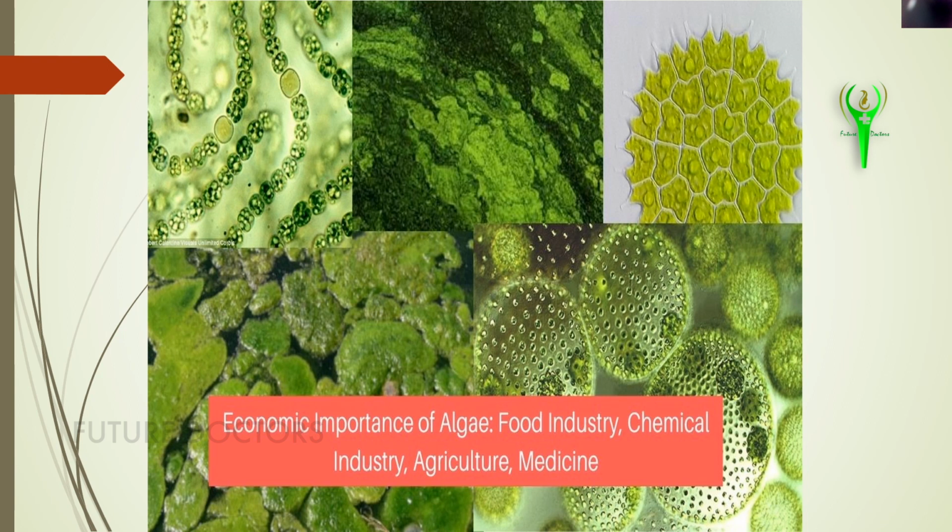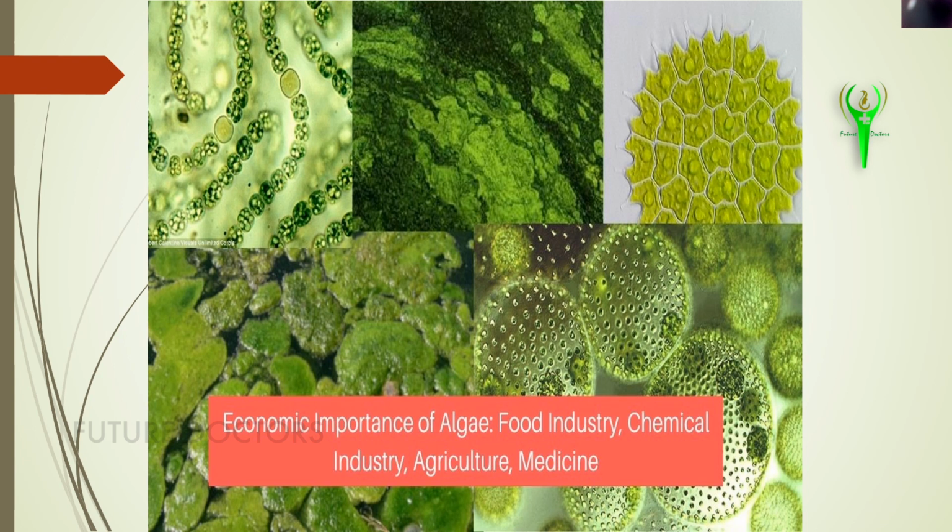Algae are responsible for carrying out about half of the total carbon dioxide fixation on Earth by the process of photosynthesis. The algae Gelidium and Gracilaria are used to produce agar, which is used in preparation of ice creams and jellies.